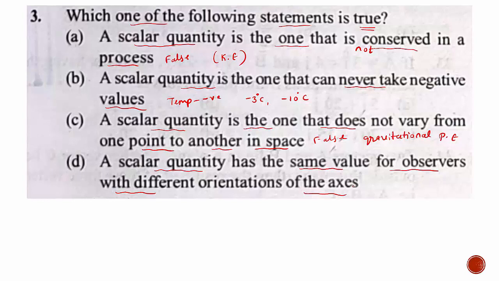Its value does not change with orientations or positions of the axis. So this is the true statement. Is it clear? A scalar quantity has the same value for observers because it does not change its value with the orientations of the axis. So option D is the right answer.